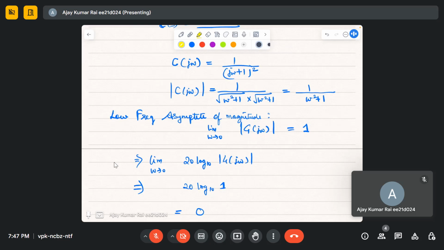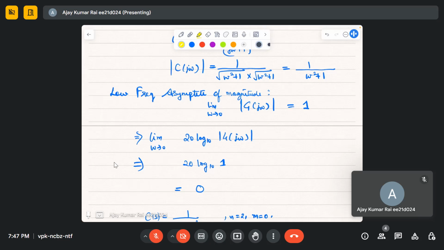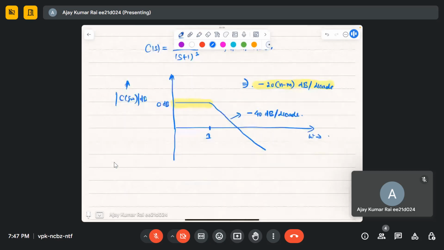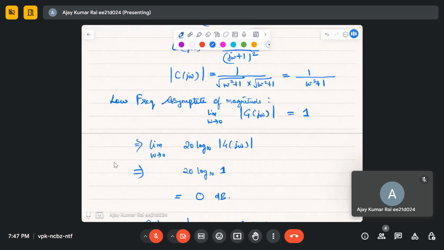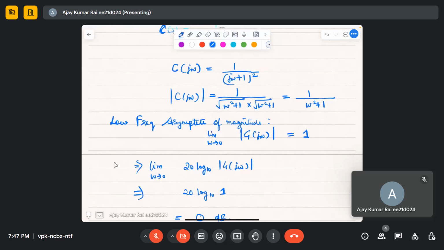If you put omega equal to 0 or very small, you'll get the magnitude equal to 1, and in dB you'll get 0 dB. This is also how I have drawn the Bode plot for the closed loop transfer function. I hope there is no doubt in this question.